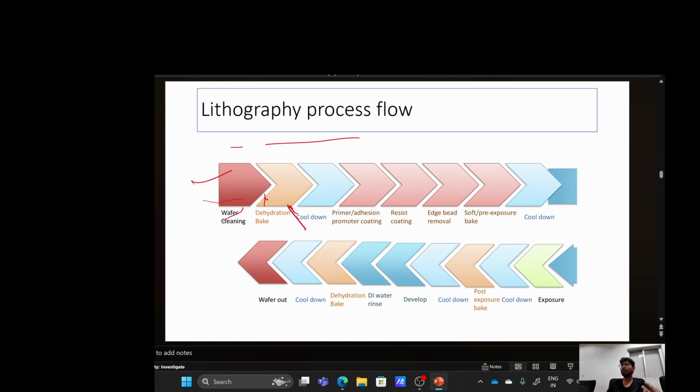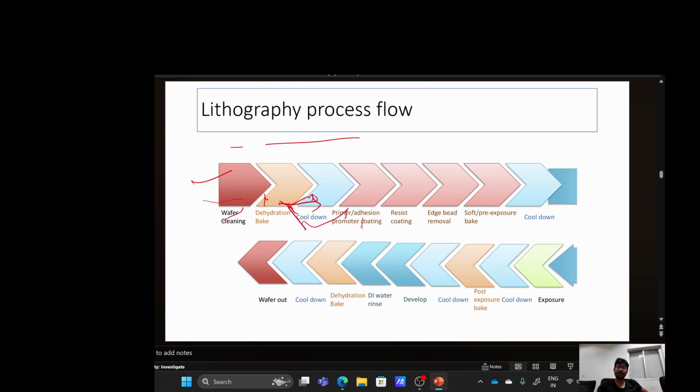You need to remove the water content from the wafer and then cool down, because you generally do this dehydration bake at higher temperatures, around 110-120 degrees. After the dehydration bake you need to give some time, like 2 to 3 minutes, before coating the next layer.